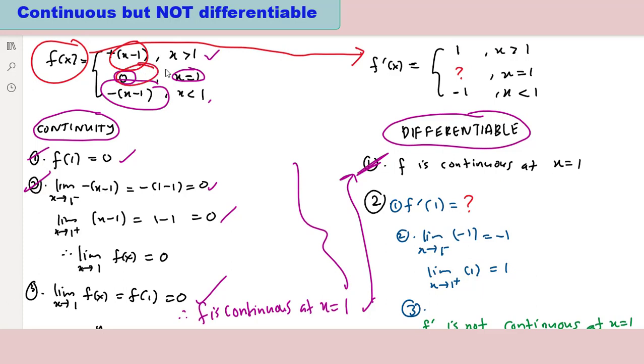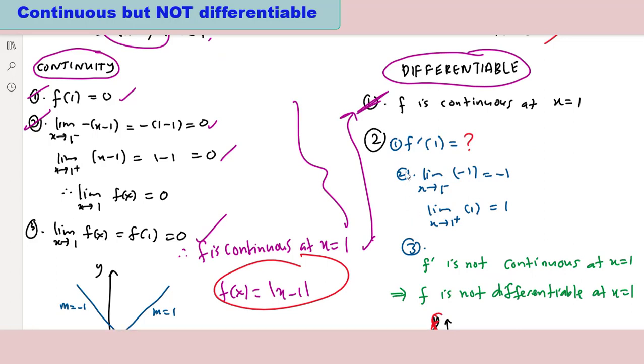But the problem is when differentiating 0, we don't know the value. There is actually no value. So f prime of 1 has no value, and if there is no value, we can conclude f is not differentiable at x is equal to 1.